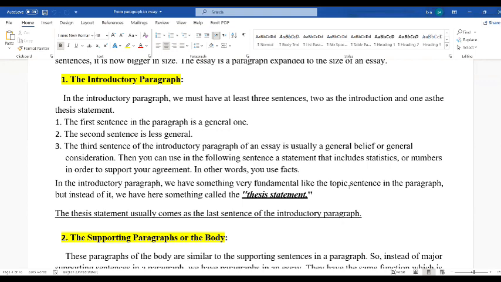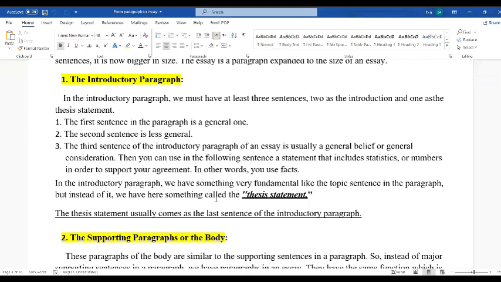Like the topic sentence in a paragraph, but instead of it, here we have something called the thesis statement. Please pay attention that the thesis statement is the most fundamental sentence in your essay, not just in your introductory paragraph.